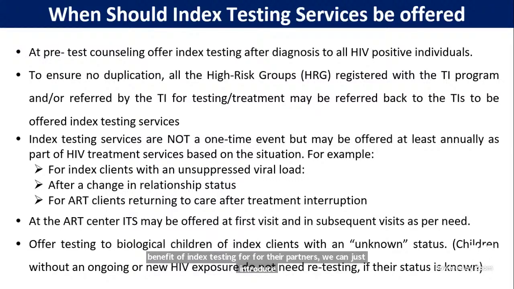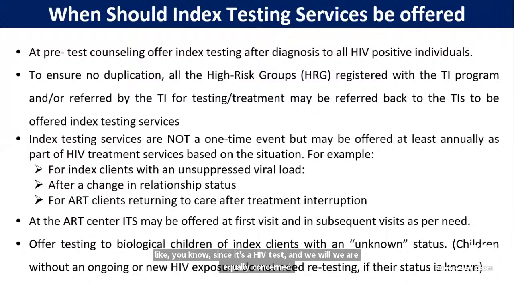At ICTC, when someone is there and has accepted HIV testing, after they have given consent for HIV testing, we can say: I wanted to tell you, since it's an HIV test, we are equally concerned for your partners as well.